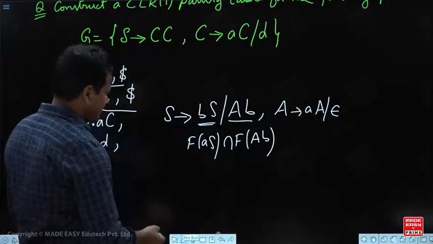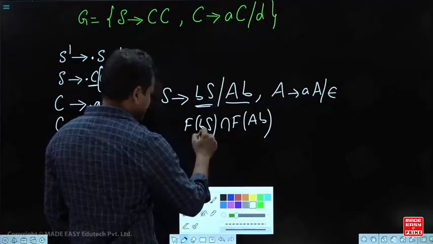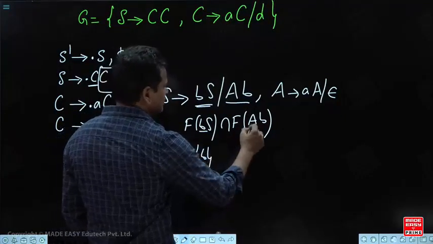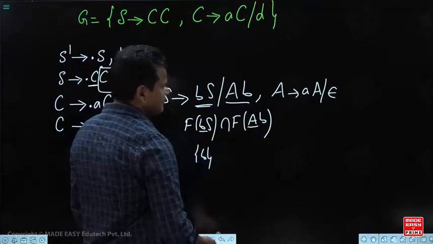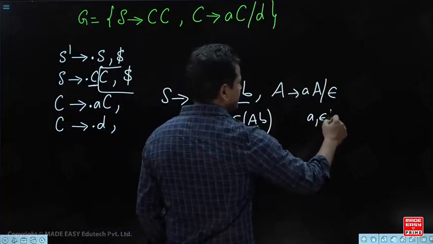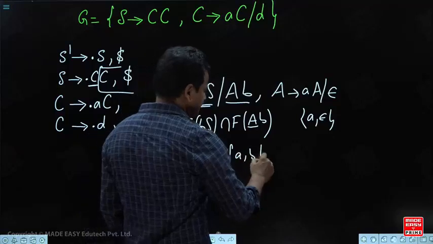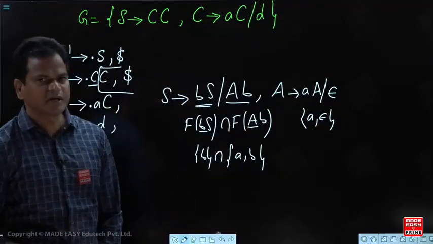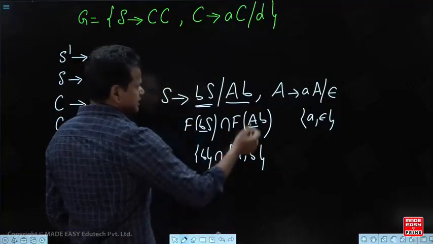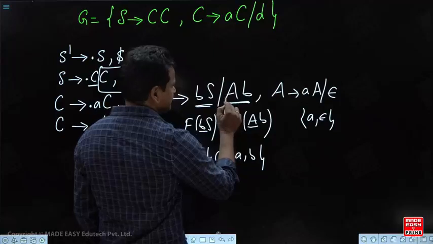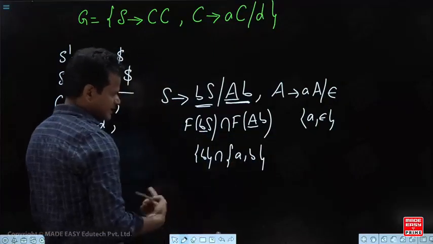Here it is simply B. Now first of AB is nothing but first of A. First of A is A comma epsilon. But in the class, I wrote A comma B. He was asking how it is A comma B. So first of AB is nothing but first of A, which is A comma epsilon, but in the class I wrote A comma B. So that time I explained.